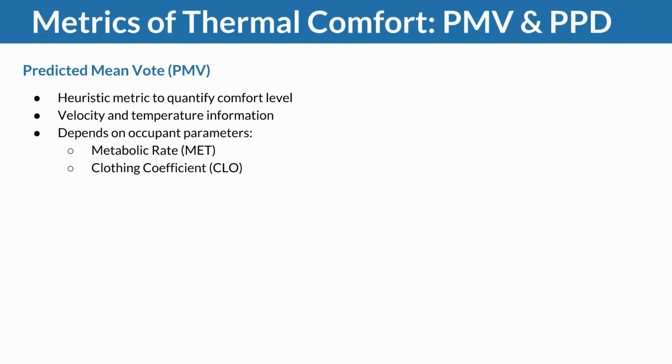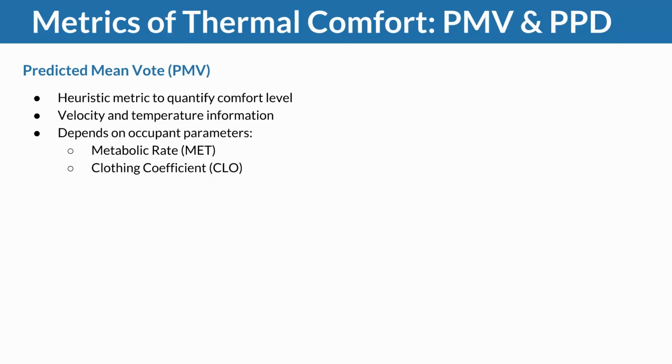In our scenario, we're looking at a theater, so people sit and watch the show. So it is typically a 1.0 metabolic rate coefficient. Clothing coefficient, same here. If it's summer, we would go with something like 0.5. If it's winter, we'll go with something like 0.2. We're going to see later what we'll assume.